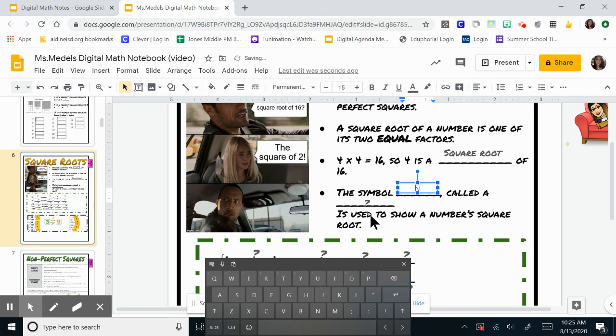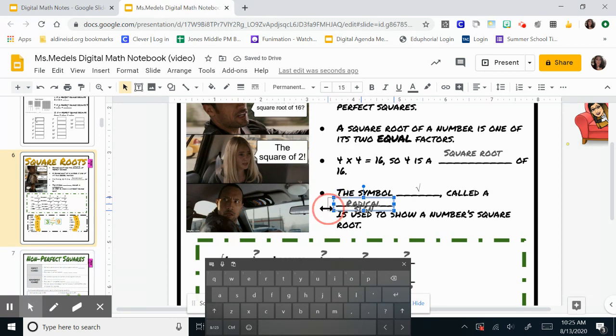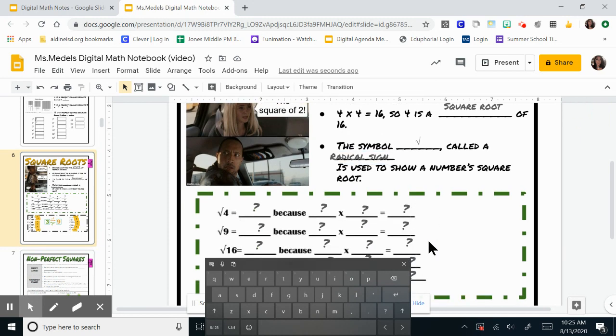And of course, we touched on that earlier. That symbol is actually called a radical sign. And like I said, you can adjust this. This is your notebook, your digital notebook. I'm going to adjust the size so it fits in one piece, okay? And a radical sign is used to show the number's square root.